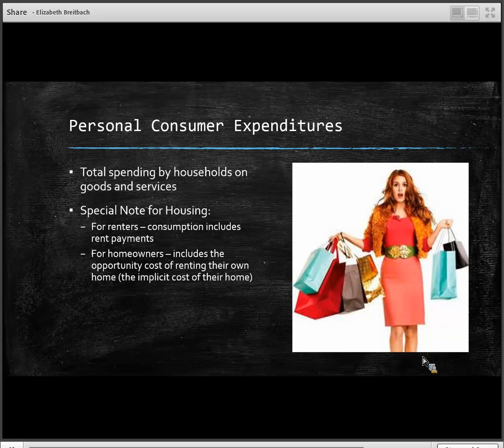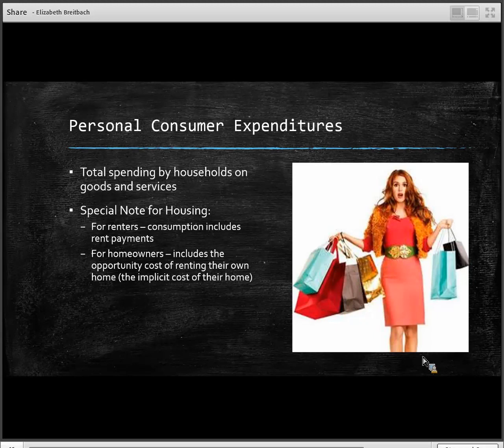However, for homeowners, so homeowners consume their house, but we don't just consume our house on the day we purchase our house, right? We consume our house a little bit each month. And so there is an implicit measured cost that we calculate to include in GDP. So it's like the opportunity cost of renting out their home.